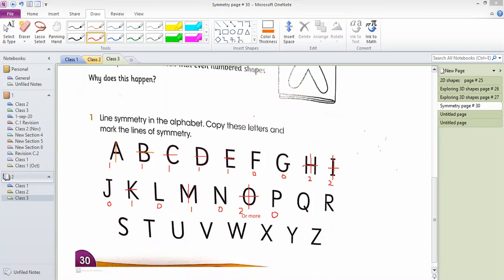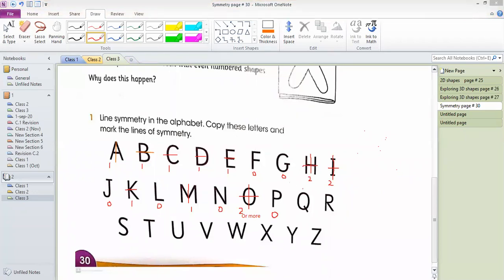Someone is saying yes. Let's check, guys. Those who are saying yes, which symmetry is Q having?